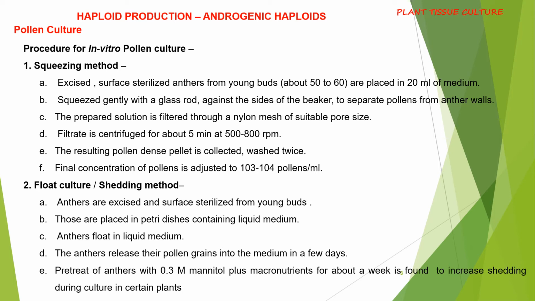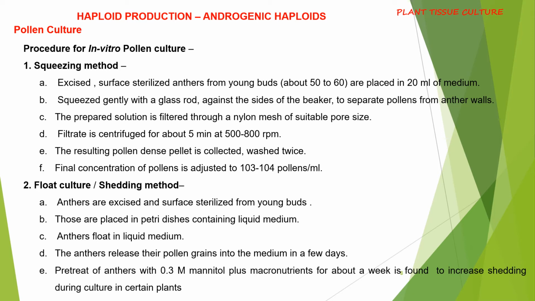These are squeezed gently with a sterilized glass rod to separate the pollens from the anther walls. The prepared solution is then filtered through a suitable pore size mesh. The filtrate is centrifuged and the resulting pollen dense pellets are collected and washed. The final concentration of the pollens is adjusted to 10^4 pollens per ml. This is then inoculated into the nutrient media for generation of haploid plants.